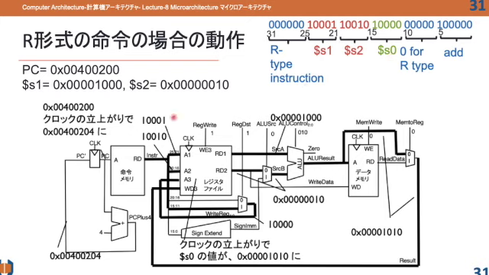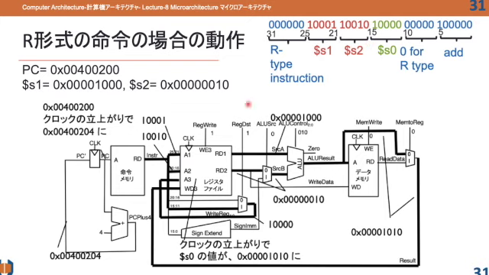Well, let's have a look at the microarchitecture from the beginning. The program counter reads that instruction and decodes it to this bit sequence. First, A1 will receive the bit sequence 25 to 21, that means S1, and A2 will receive the bit sequence from 20 to 16, that means S2.